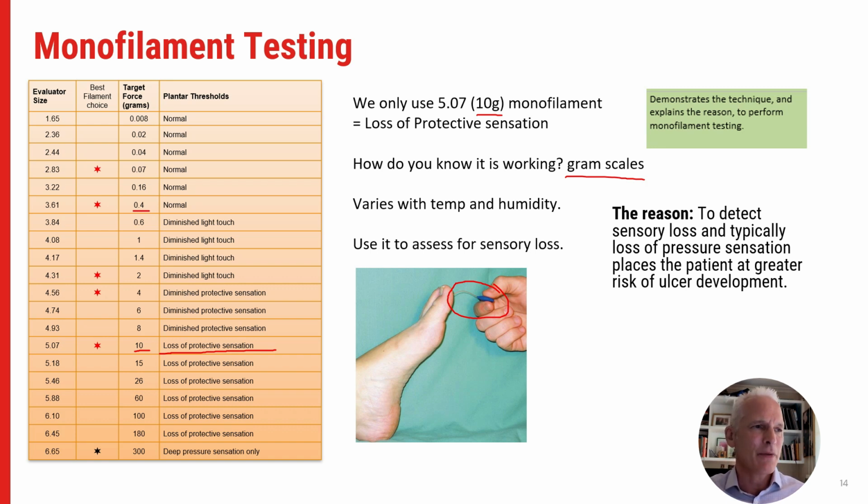Now, if it's a baby's foot, they're going to be able to feel even less than that, 0.07 grams of pressure. So this is normal sensation way back here. Protective sensation is way down the track, where the normal sensation has been lost, diminished light touch has been lost, diminished protective sensation is lost, and now we've actually lost protective sensation.